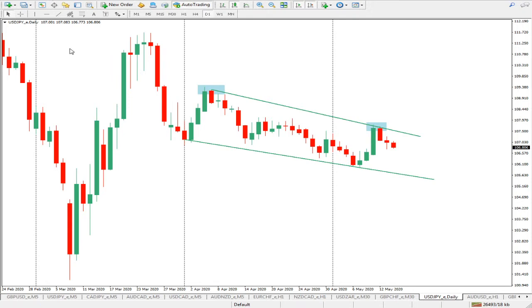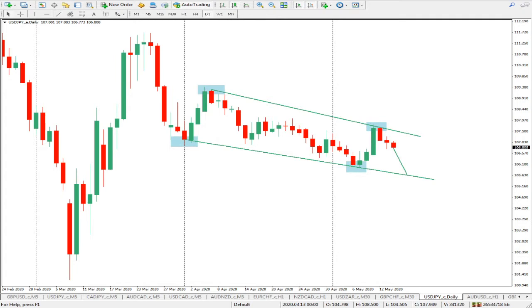We had a support here. The next support is there. So as it is now, we expect price to come down up to this point where we should be able to look for a buy.